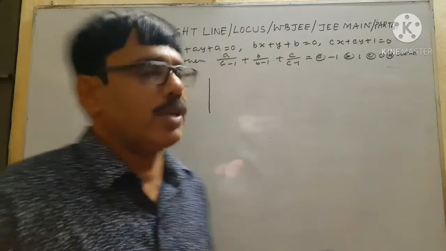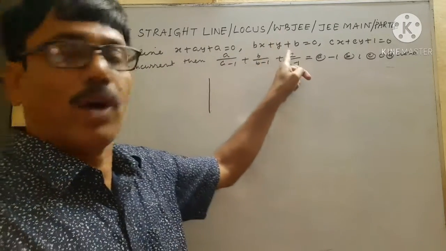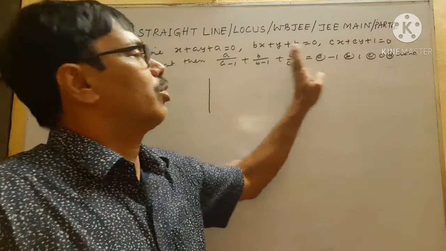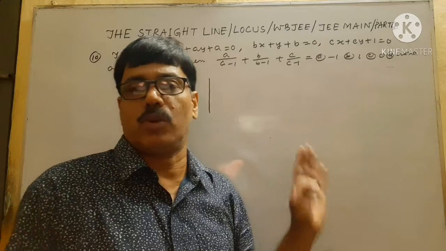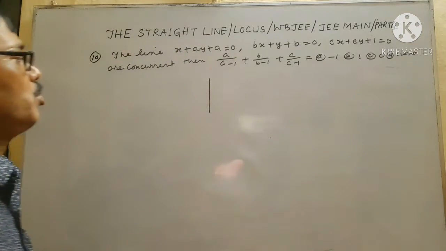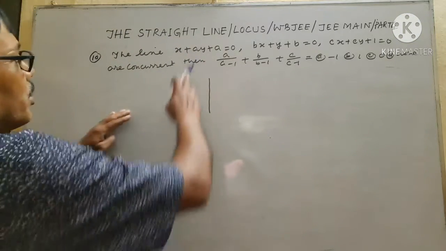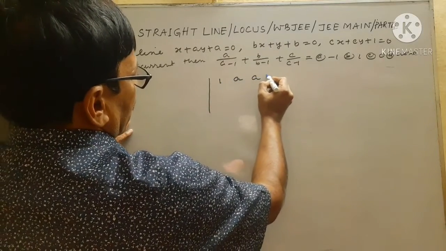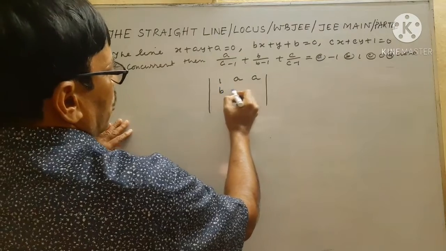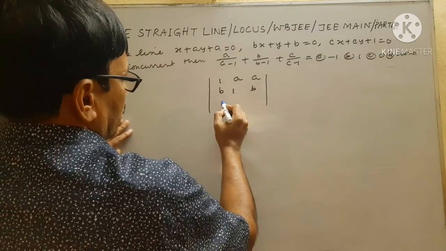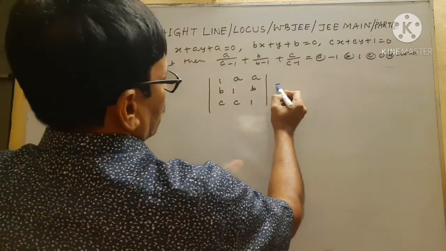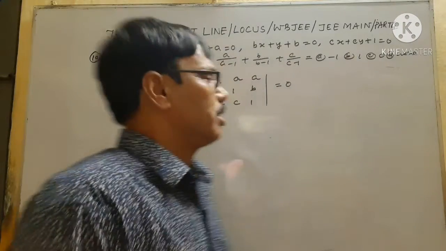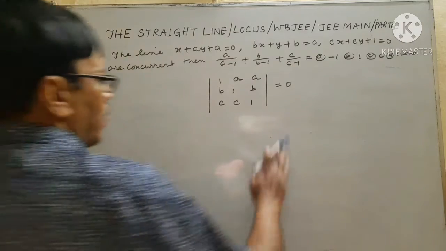We can solve any 2 equations, find x and y, and put these in the third equation, so we get a relation. This is one process. But if we use a determinant, the 3 lines are concurrent, therefore the determinant with rows 1, a, b; 1, b, c; 1, c, a equals 0. This is the condition of concurrency using a determinant.